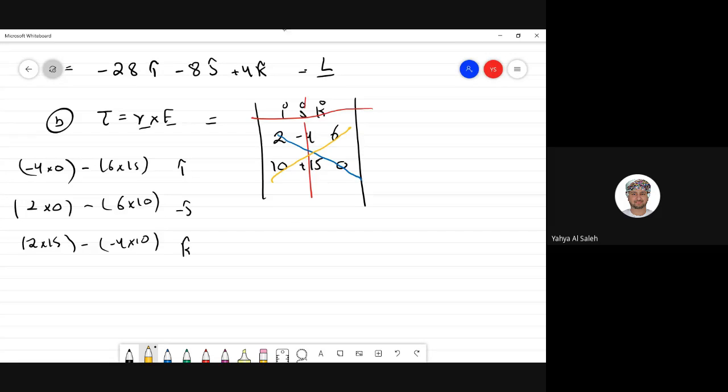Yeah, so we have A, B, C, D. It is AD minus BC. So 2 times 0 minus 6 times 10, or 0 times 2 minus 10 times 6. Either way, it's 0 minus 60.